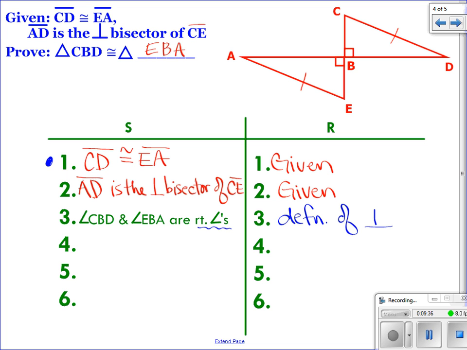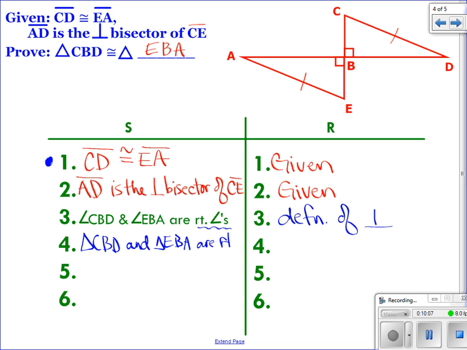So far we still only have one piece of information that's helping us towards HL. If we have right angles in triangles, does that mean we have right triangles? Yeah. So let's say that triangle CBD and triangle EBA are right triangles.